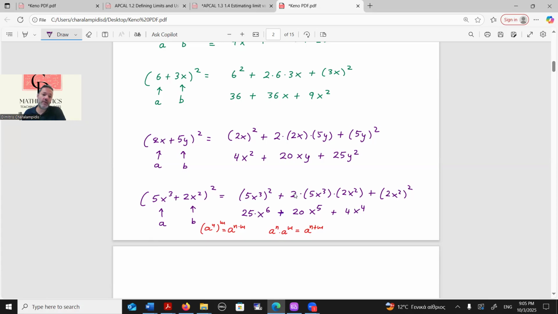So even if we had something like a kid plus a heart squared, we should still have done that kid squared plus 2 times that kid multiplied by the heart plus the heart squared.